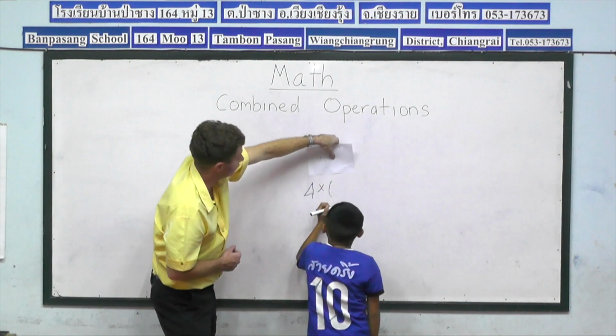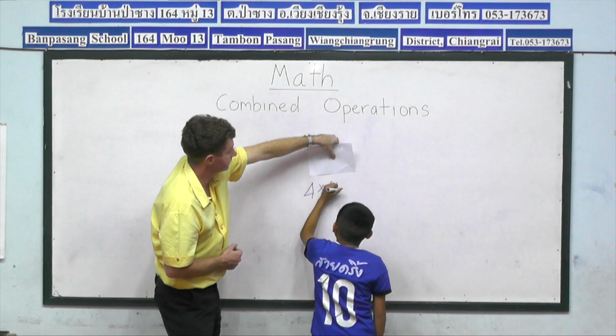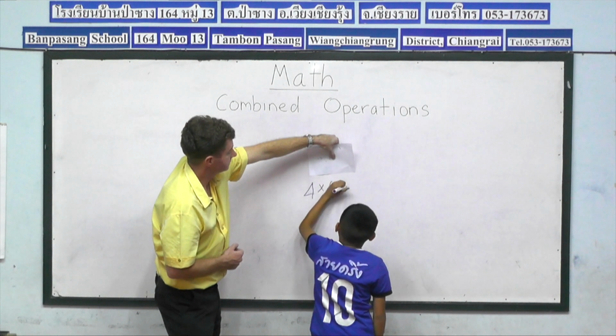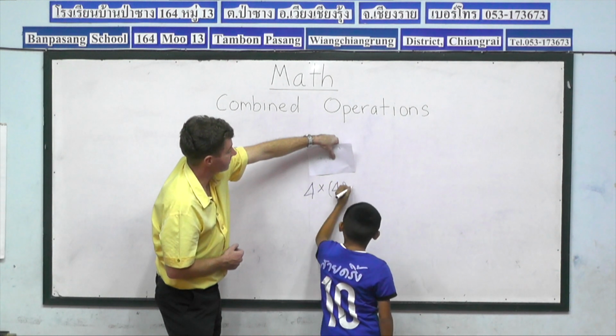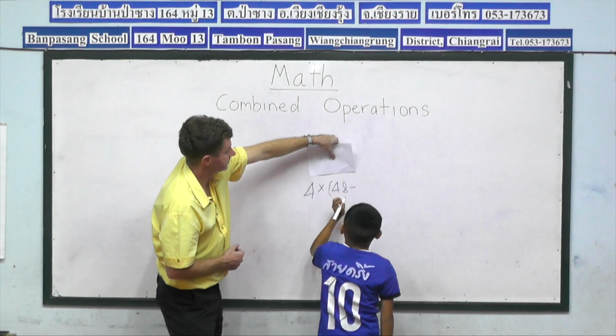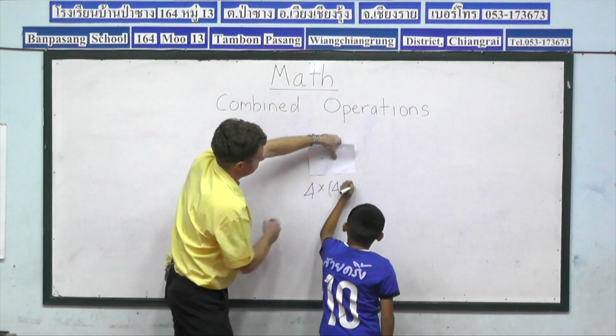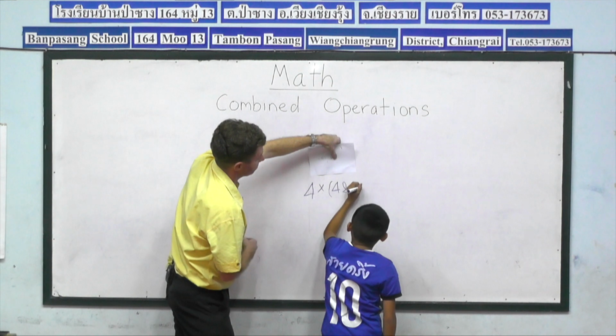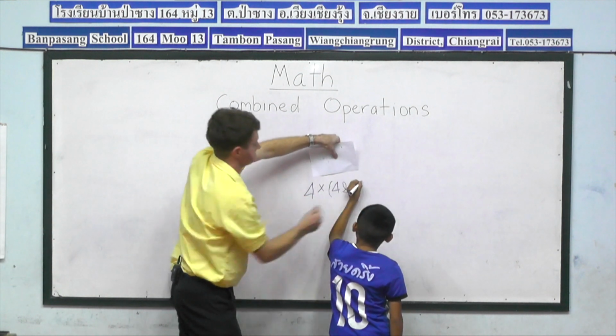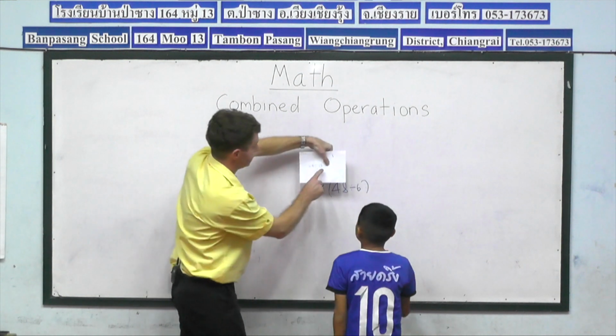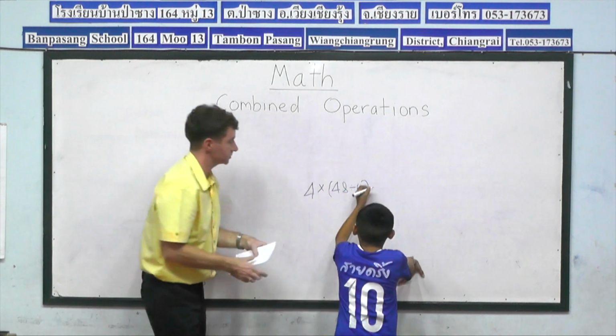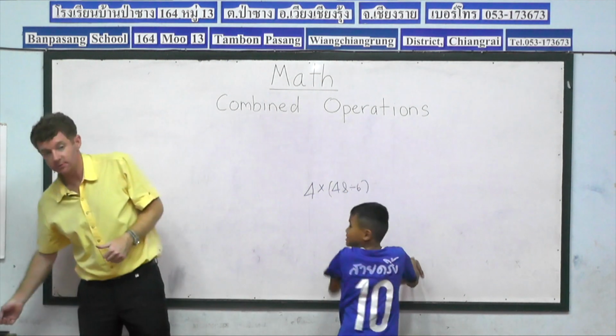excellent Chew, 48, divided by 6, excellent, close brackets, and then equals. Excellent Chew.